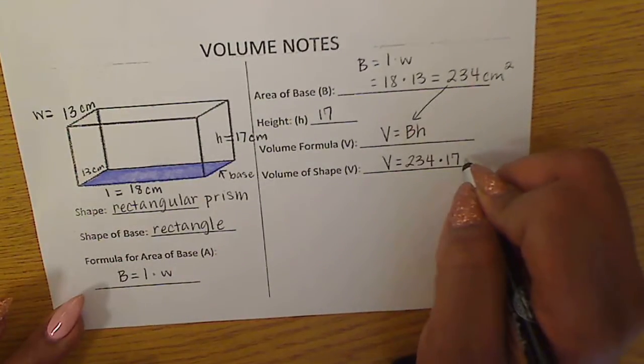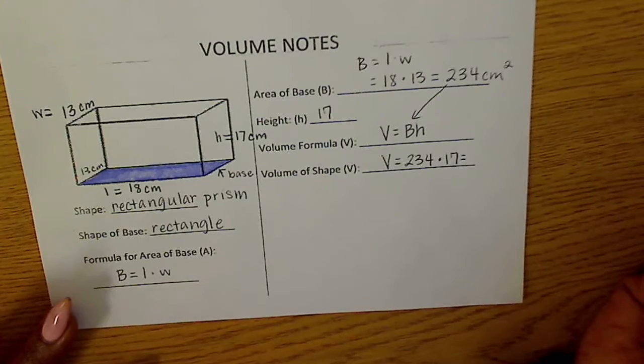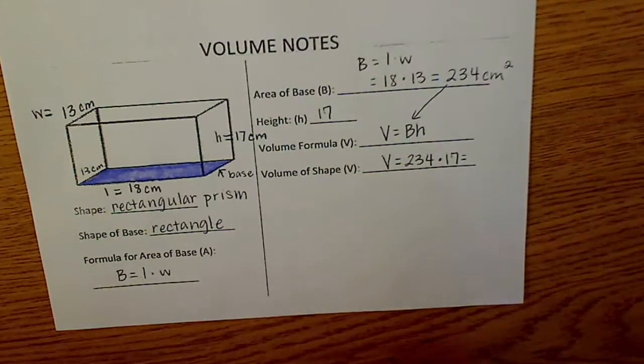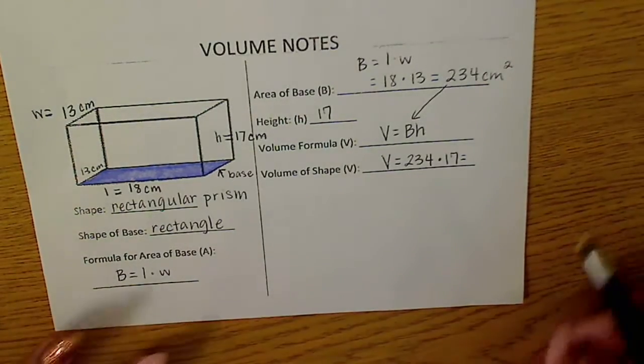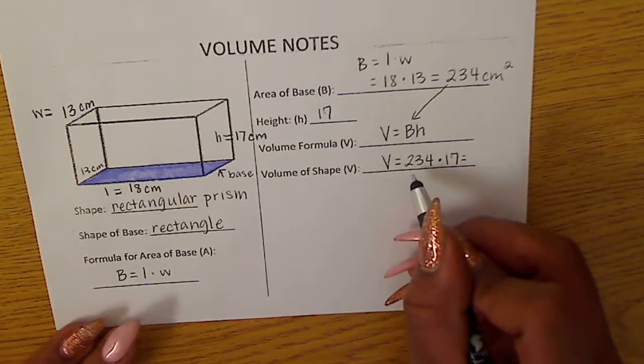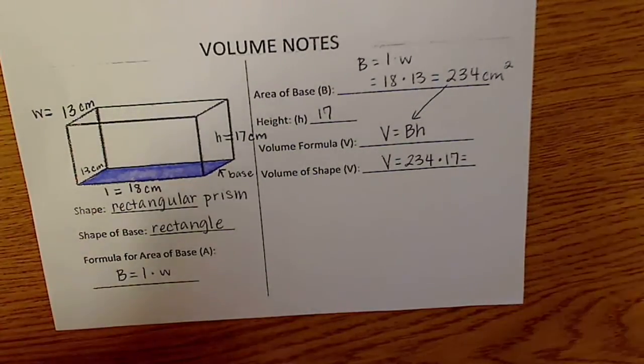So what is my answer? Put that in the calculator. Everyone should have got one. Good job. If you put this in the calculator, just 234 times 17. Pull up the calculator real quick.